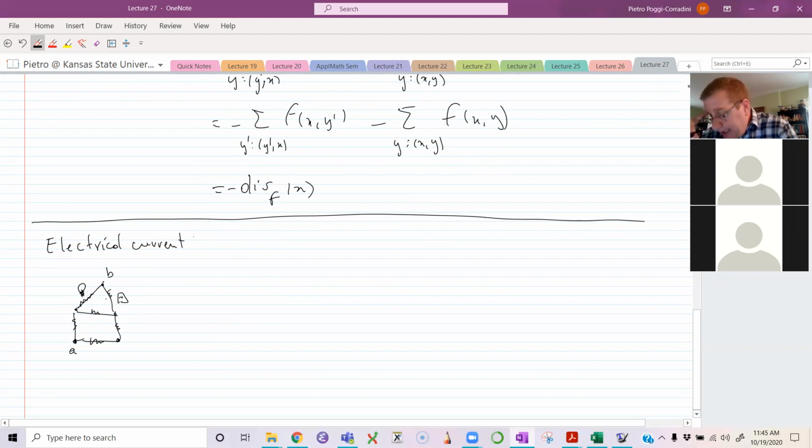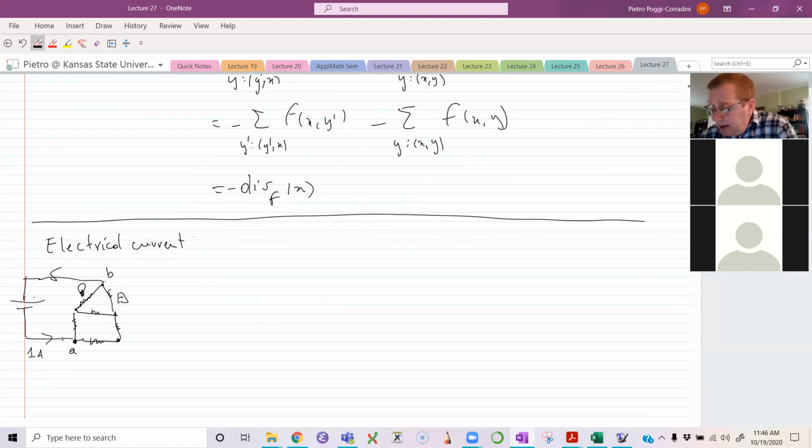And then you try to push some current through this network. Well, okay, let's do it this way. You try to maybe push, like, say, 1 ampere of current. And so you're going to have to use a battery or something and force a potential drop that makes this current go through the system.